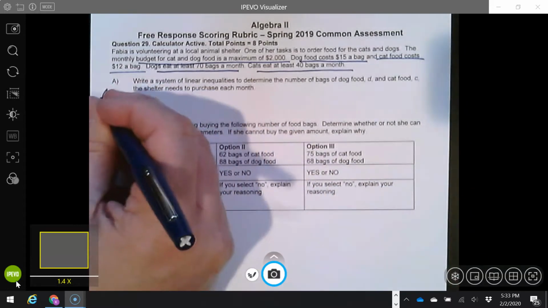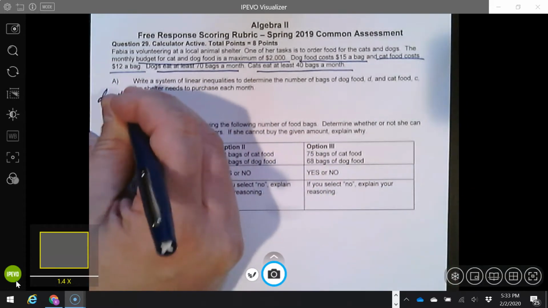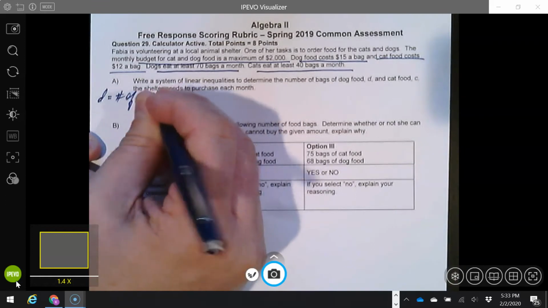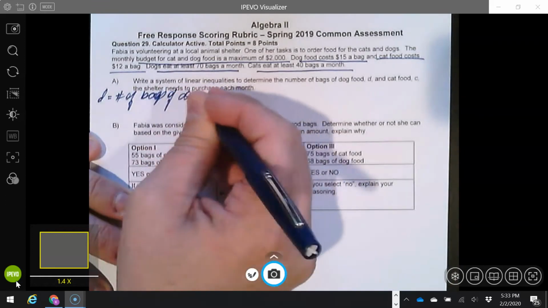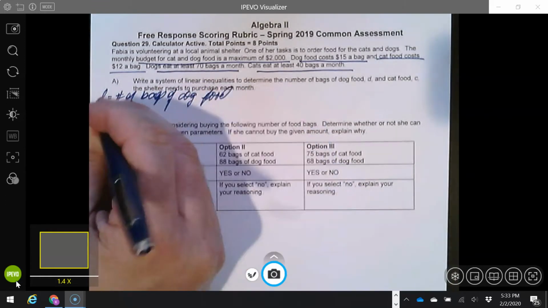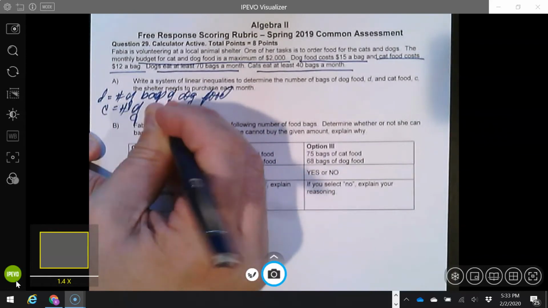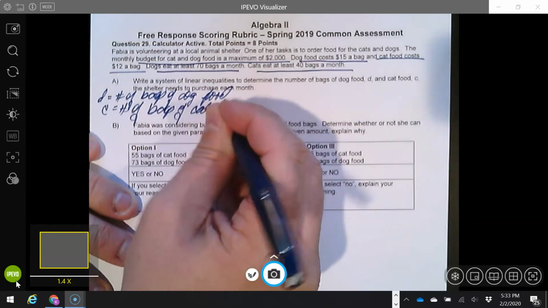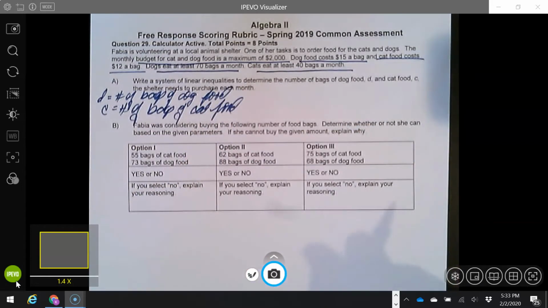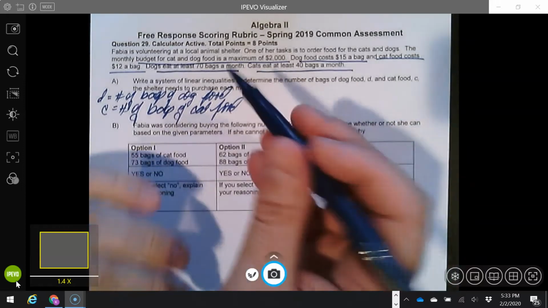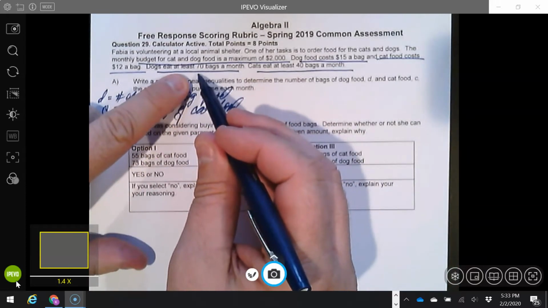So we know D is number of bags of dog food, and C is number of bags of cat food. Okay. Well, what do we know? We know that dogs eat at least 70 bags a month.